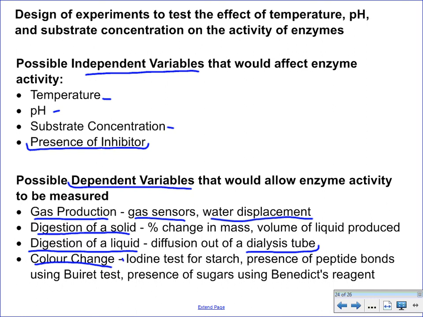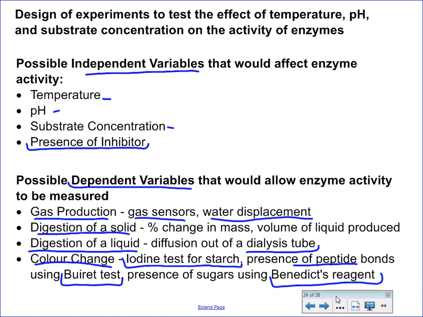For example, the iodine test for the presence of starch, the presence of peptide bonds using a compound called the Biuret test, or the presence of sugars using a different compound called Benedict's reagent, can all allow for enzyme activity to be measured indirectly.